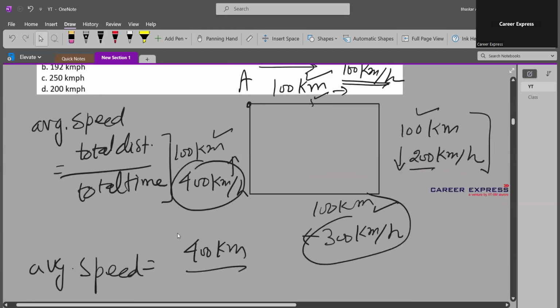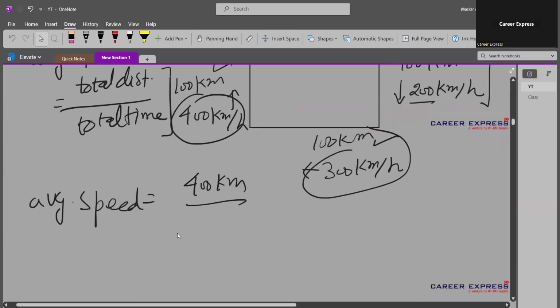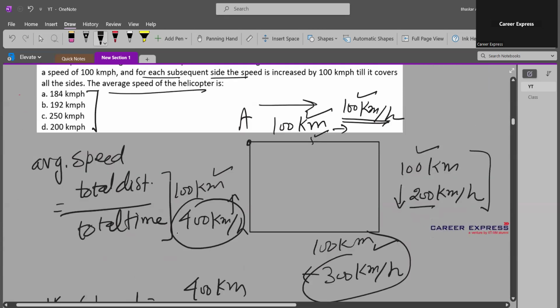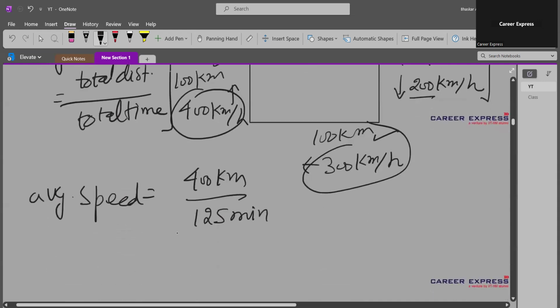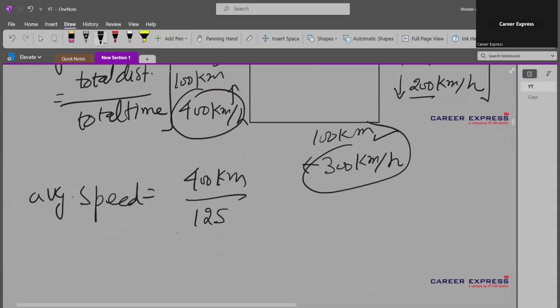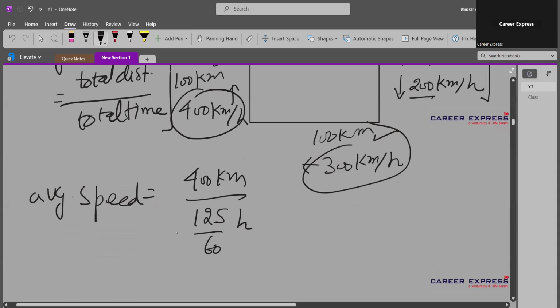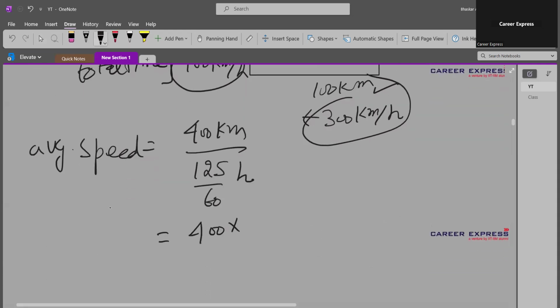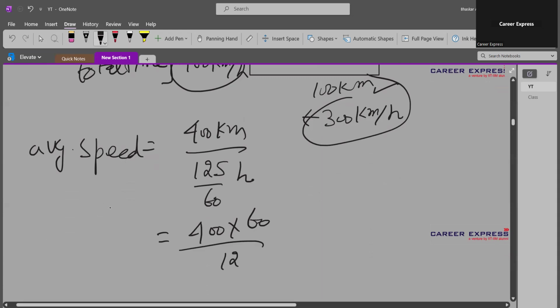So we can calculate the average speed. That will be 400 km upon 125 minutes. As we can check, the options are all in kilometer per hour. So we will convert this 125 minutes to hours. So that will be 125 by 60 hours. Now it is very easy to solve. 400 into 60 upon 125.